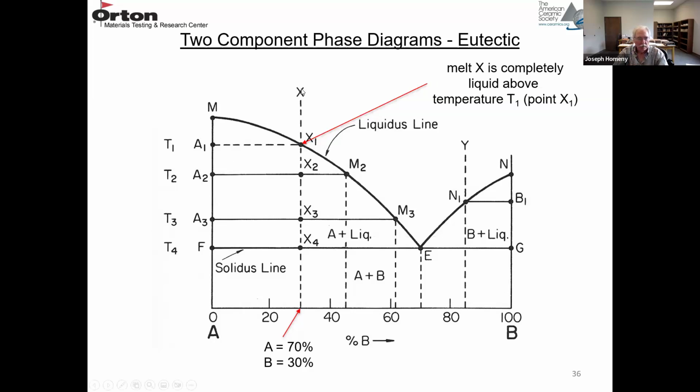So this composition X is liquid above this temperature T1. So we look at our tie line X1, A1, X1, and we go over point X1. So if we're just above X1, it's all liquid.